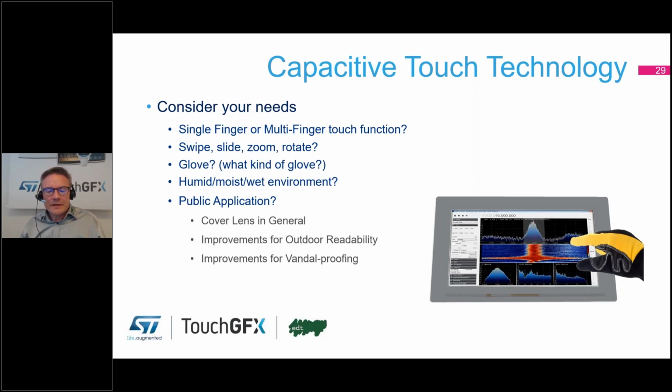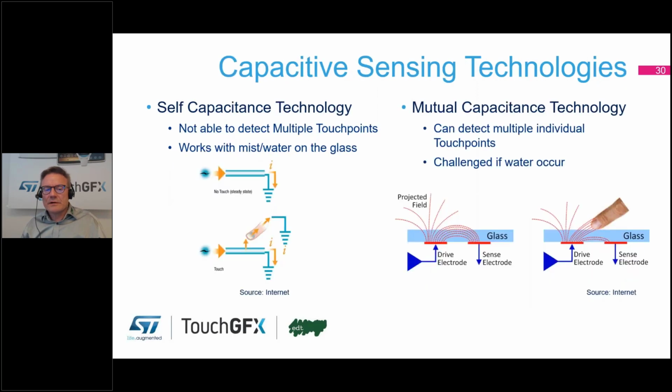So let's look a little bit at the two technologies most commonly used. For single touch, the self-capacitance technology was the most often used, and it's actually very good. You can imagine you have a sensor glass with some electric field hovering over it, and when you approach the field with your finger, then something happens.